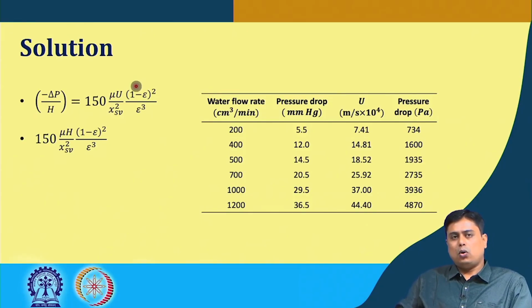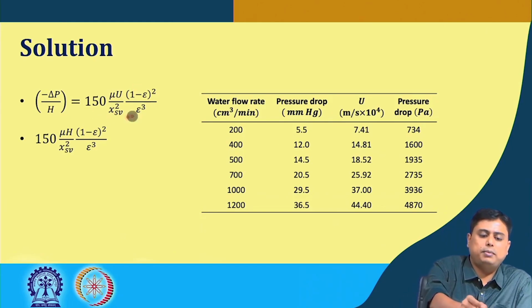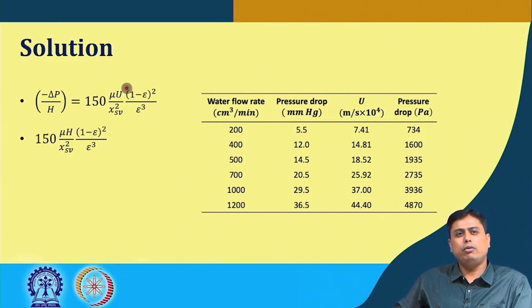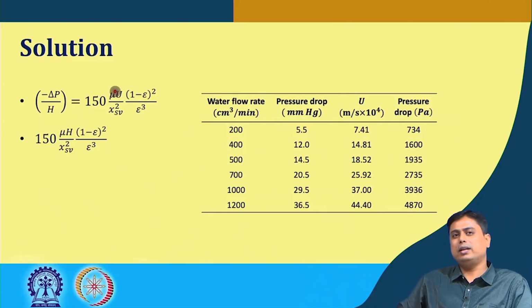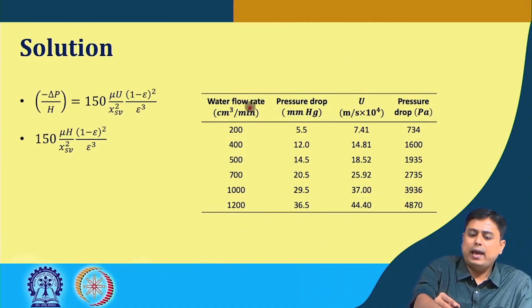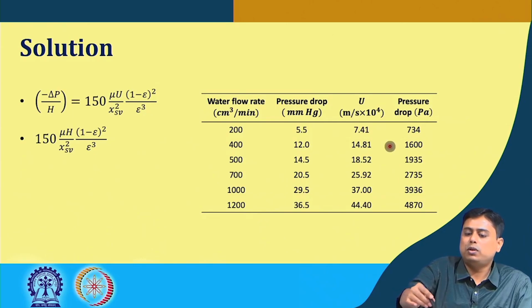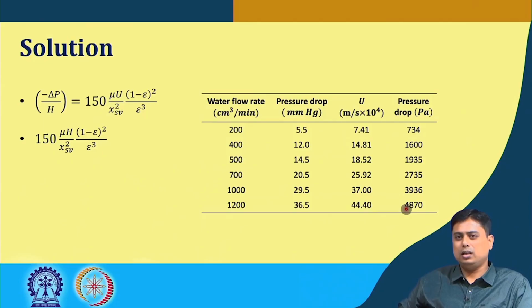If we use the Ergun equation, the first part consists of this parameter, and again if you remember, this pressure drop was linearly varying with the flow rate or the superficial velocity, which in other way we can say is the flow rate. The point here now, we have these two data. So, at first we convert this to the superficial velocity and the pressure in Pascal to be in a consistent unit.